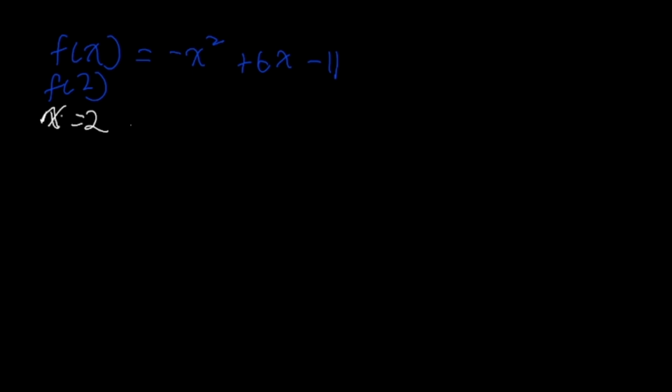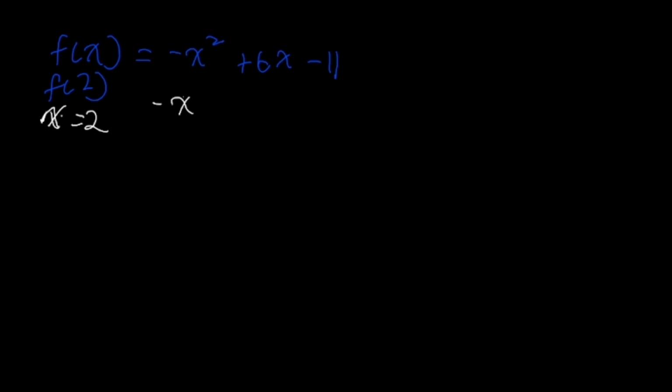Say f of x is equivalent to negative x squared plus 6x minus 11, and they tell us to find f of 2. With the same logic, x is equivalent to 2, and so we're plugging 2 into each of these x's.